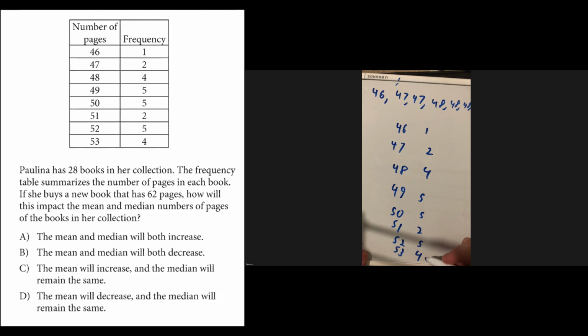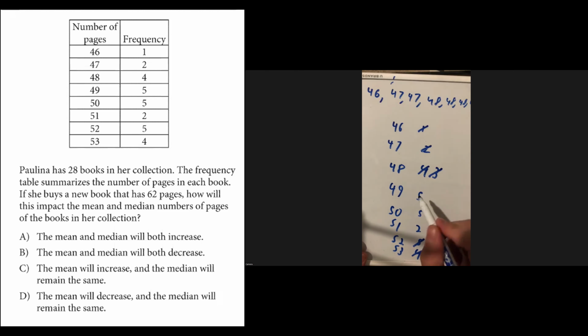So to find the median, we just have to subtract the top and the bottom. So we have 1. We subtract 1 from this 4, we get 3. We subtract these 2 from these 3, we get 1. We subtract this 1 from this 4, and we get 3. We subtract these 3 from this 5, and we get 2.